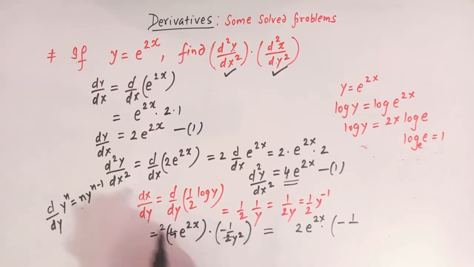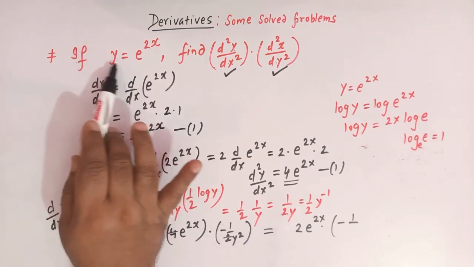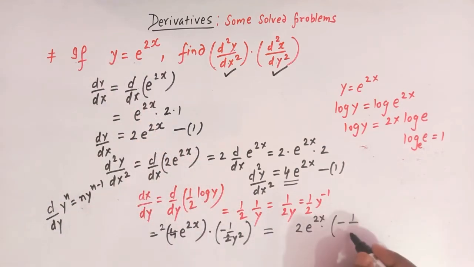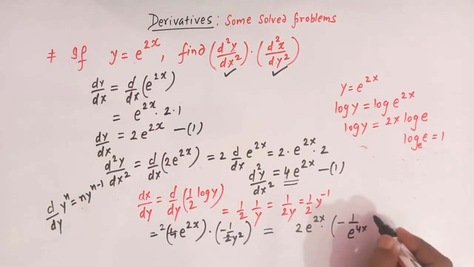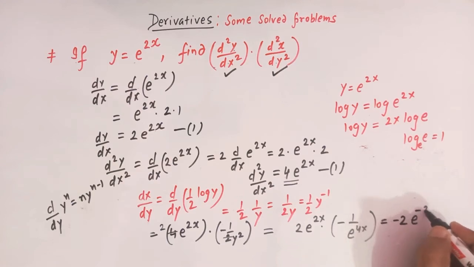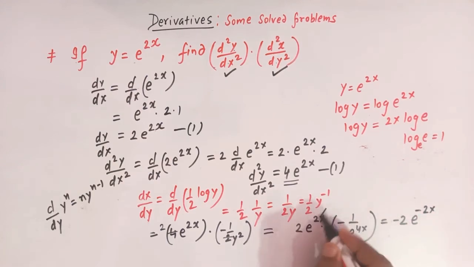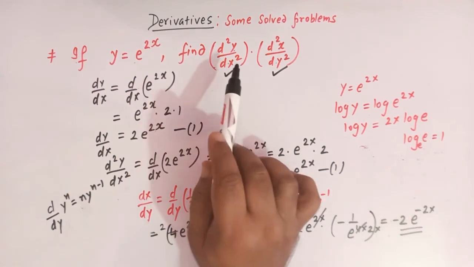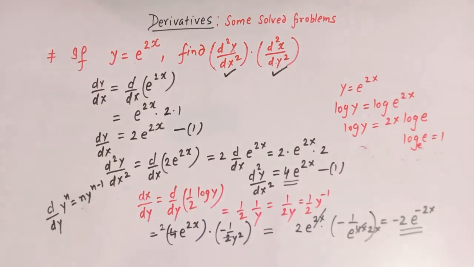And y square can be taken from this expression. y square is simply e raised to 4x, right? So now we have minus 2 and e raised to minus 2x, because here 2x and here we have 4x, right? So we have minus 2 e raised to minus 2x. So this is the desired expression for the product of these two terms.